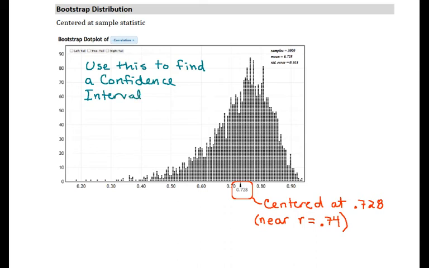For example, looking at this, we can see that the center 95% looks like maybe it's approximately between these two values, about 0.47 and 0.9. So maybe my 95% confidence interval would be something like that, 0.47 to 0.9, just eyeballing it in this case.